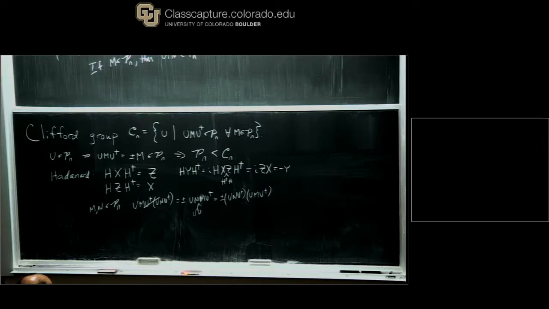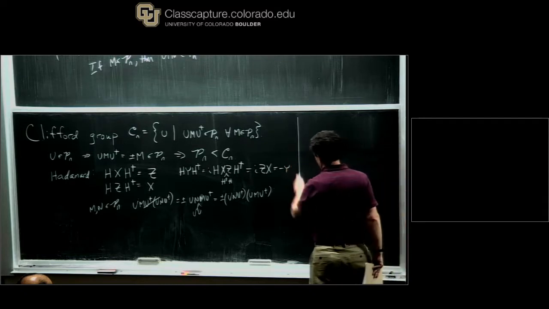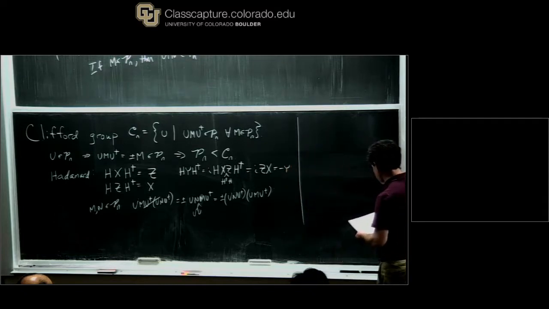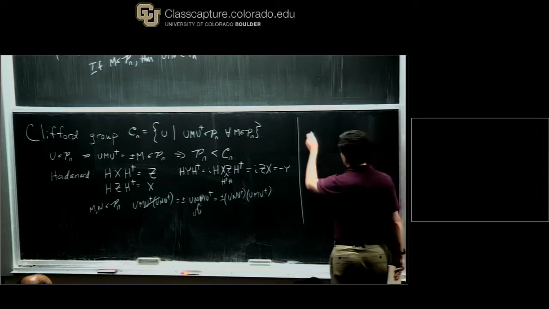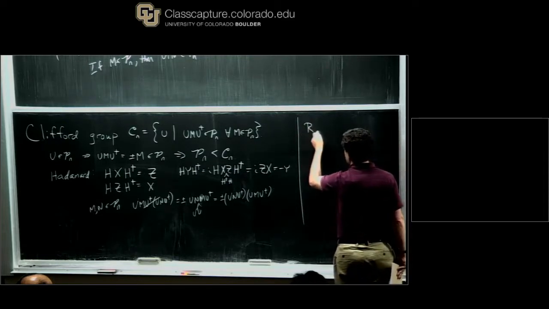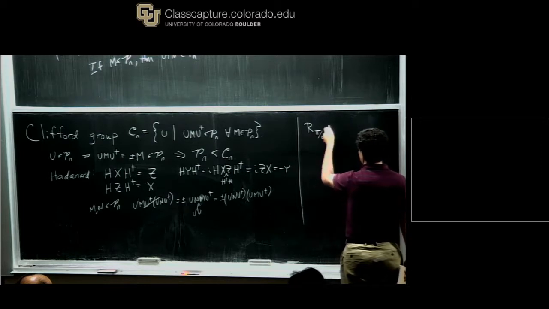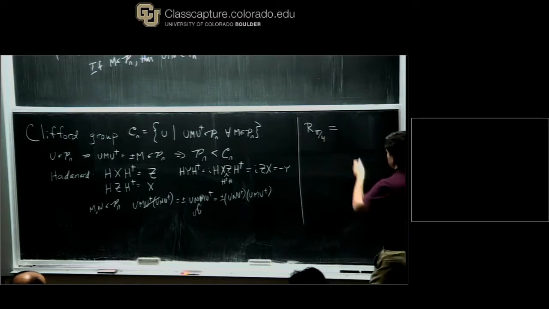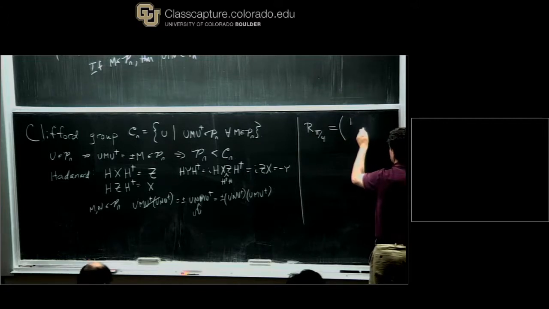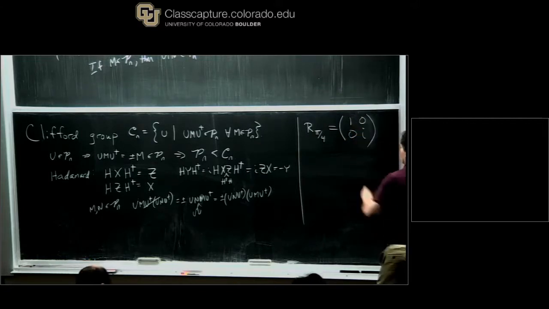Okay. So let me write down a couple of other examples. There's the pi over 4 phase rotation. This is a diagonal gate. Can write it as 1, i.